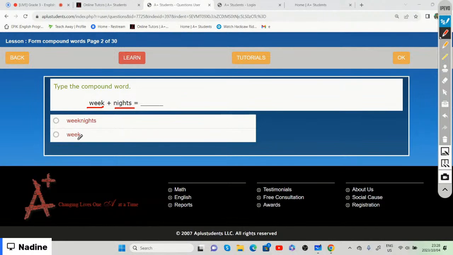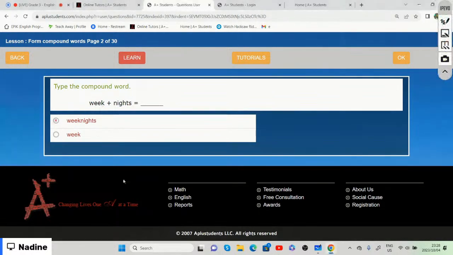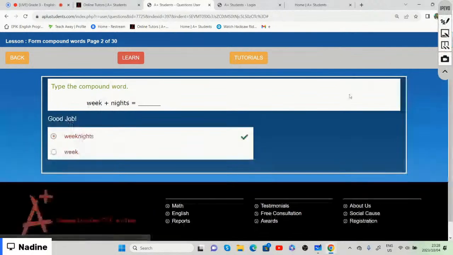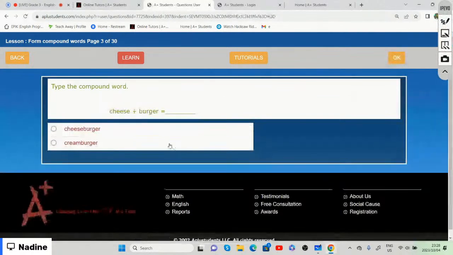It's nighttime. So is it weeknights or week? All right, so if we type our compound word of week plus nights, then we will say it is weeknights. And weeknights is correct. So well done.